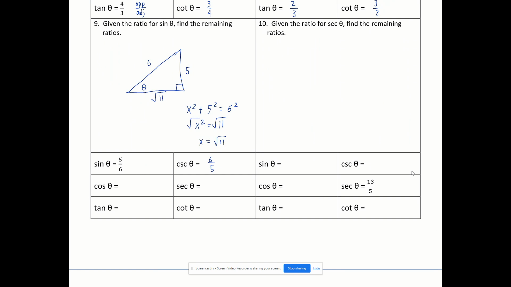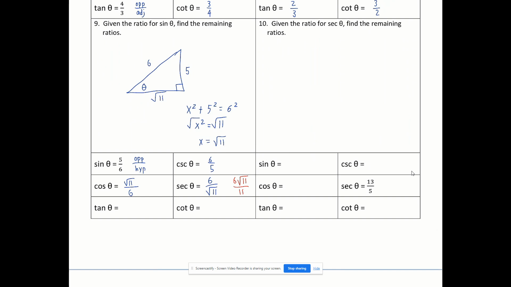All right, so here we go. Cosine: the adjacent leg, square root of 11, over the hypotenuse, 6. For secant, we flip it, 6 over the square root of 11. And if you were to rationalize that, you would multiply by the square root of 11 over the square root of 11. So it would be 6 square root of 11 over 11.